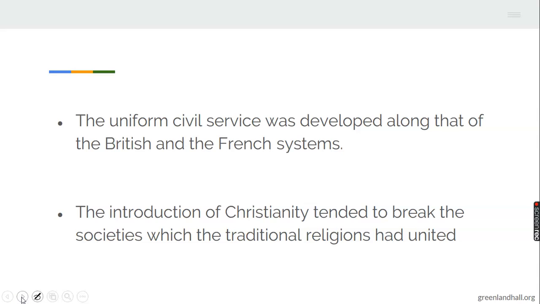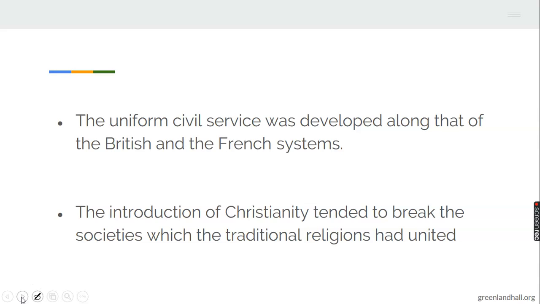The uniform civil service was developed along that of the British and the French system. So they brought the same civil service down here. The way the services were operated there, they brought it down here just to make sure there was a kind of uniformity. And also, the introduction of Christianity tended to break the societies which the traditional religions had united.